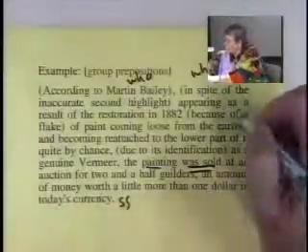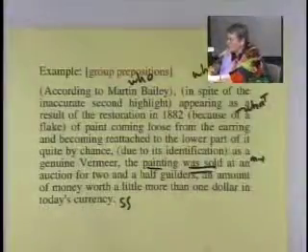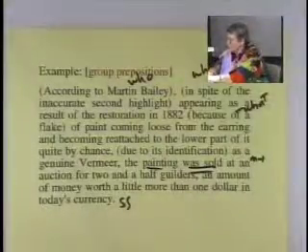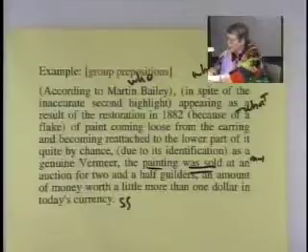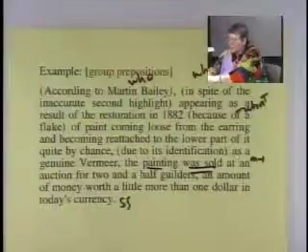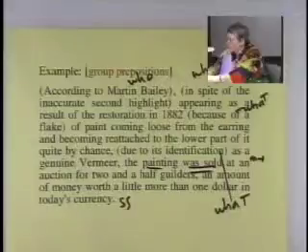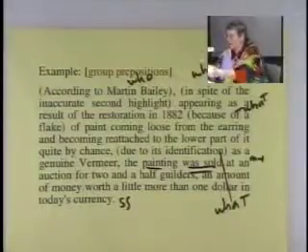What? "Of paint coming loose from the earring and becoming reattached to the lower part of it quite by chance, due to its identification," Elbelin. What? "As a genuine Vermeer, the painting was sold at an auction for 2.5 guilders."